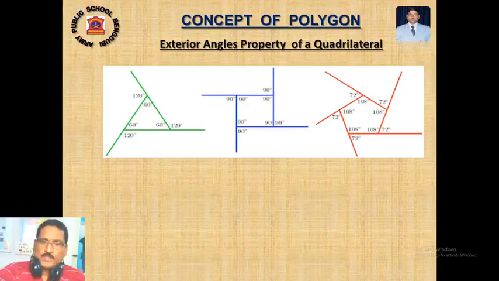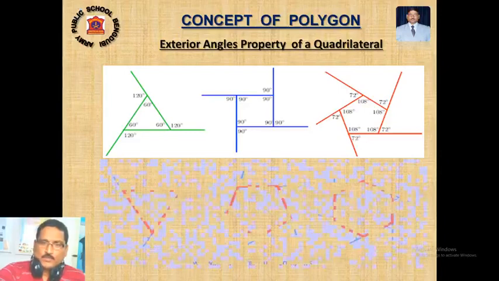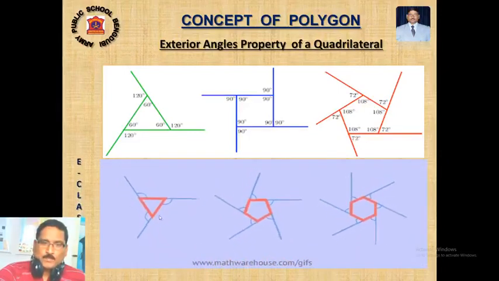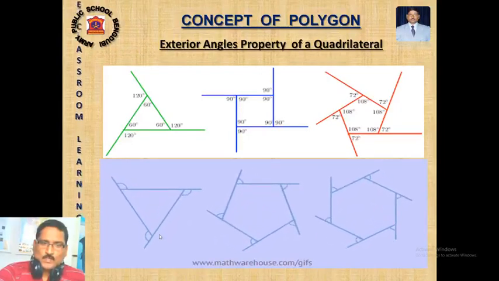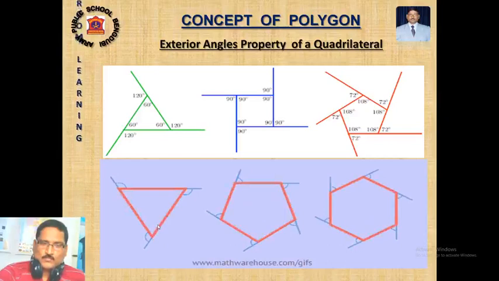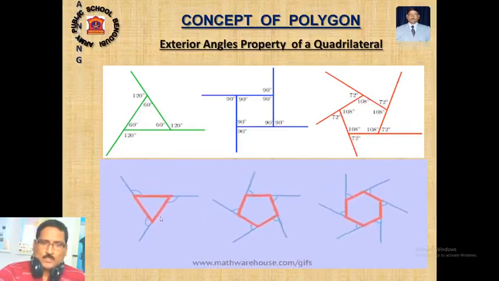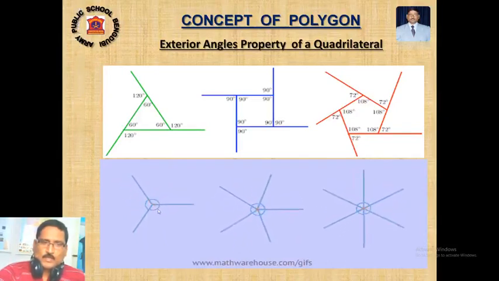Now through an animated clip I can show you. You see here, this is an equilateral triangle. If I merge all the exterior angles, it will form a circle.